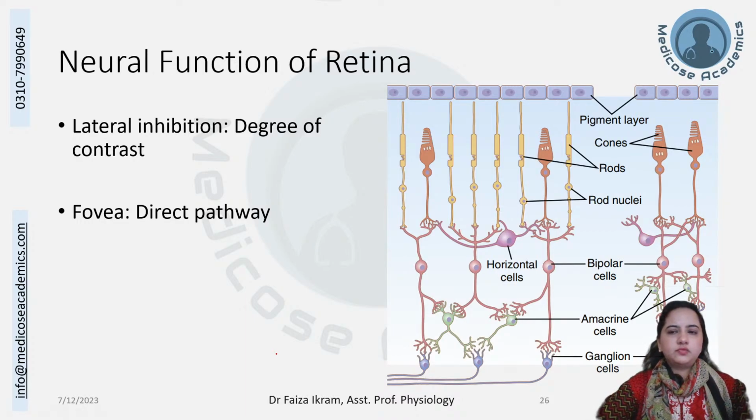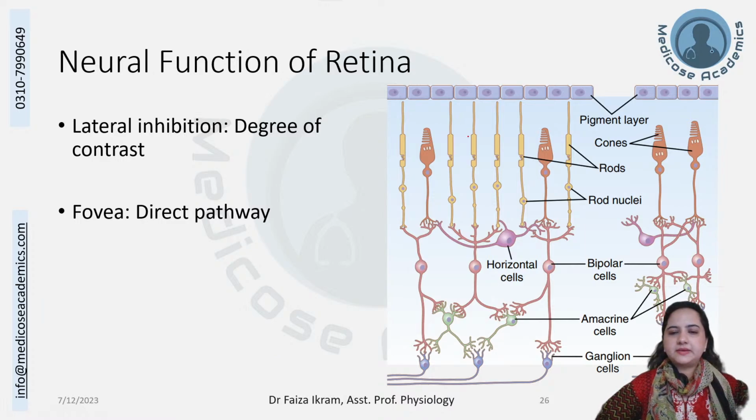So moving on towards the neural function of retina, we have seen the photoreceptors in detail. Now let's have a look at the successive steps in the retina for transduction of light energy to the brain. Once the photoreceptors are activated, they are hyperpolarized, and there is a decreased rate of release of glutamate from the photoreceptors.